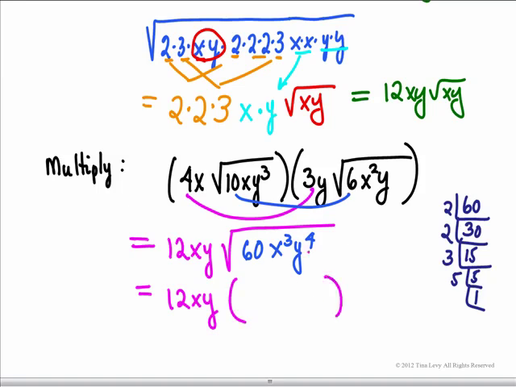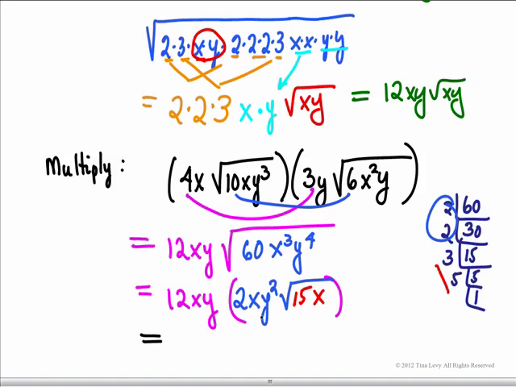So this is 12xy, and now with this radical, having got the prime factors, I can see a 2 will come out. Out of the x cubed, 3 x's, 1 x will come out. Out of the y to the 4th, 2 y's. And I will be left with what wasn't paired, 15, and one of the x's.